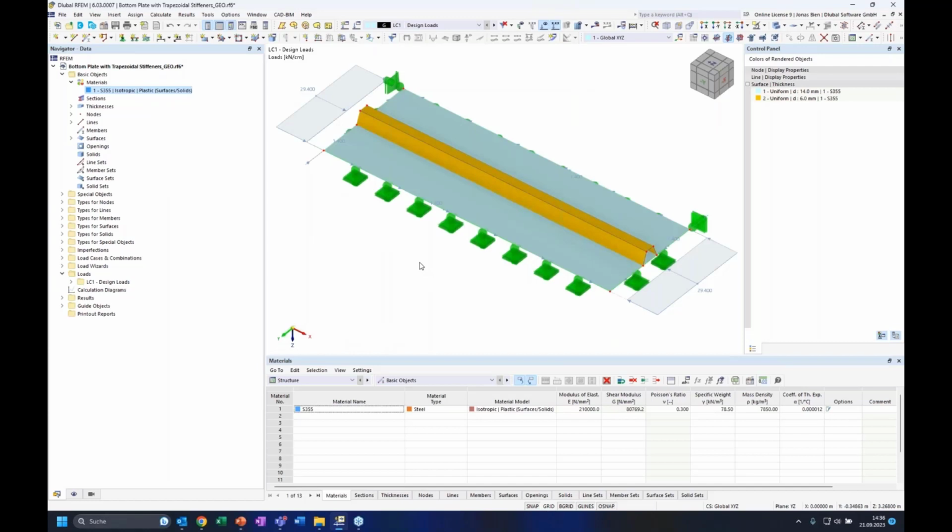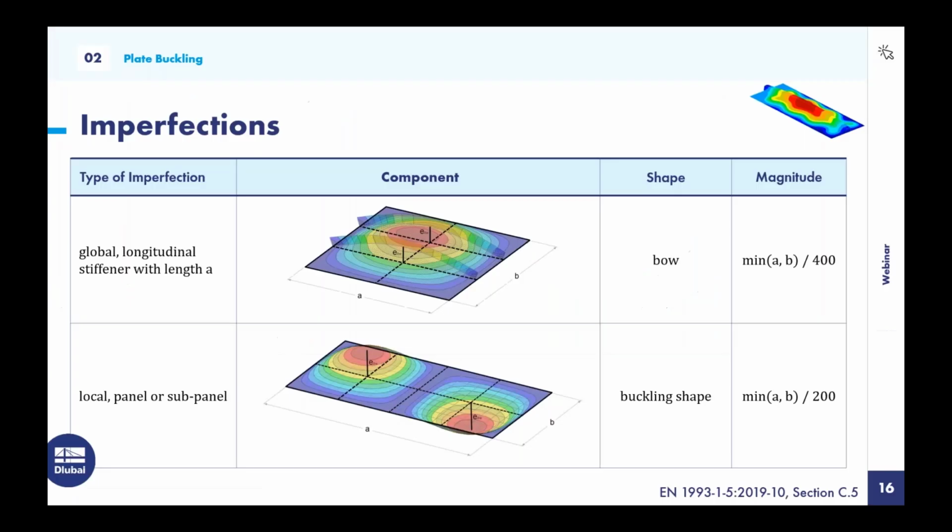Then the second part would be to think about the imperfections. So which imperfections do we need to apply and how should they look like? Also on this question, we find answers in the Eurocode 3 part 1-5. Under section C5, there are, I think, 4 or 5 different types of imperfections.